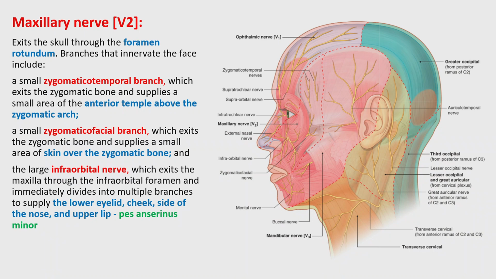The inferior orbital fissure, very important. From the inferior orbital fissure it goes to the infraorbital sulcus, the infraorbital canal, and comes out as the infraorbital foramen. And immediately it gives 4 branches, extremely important.